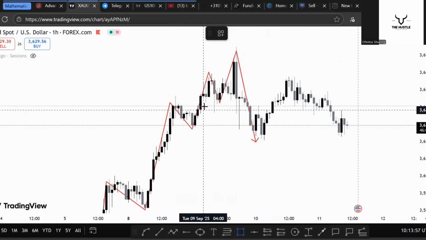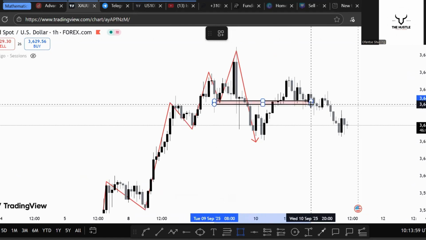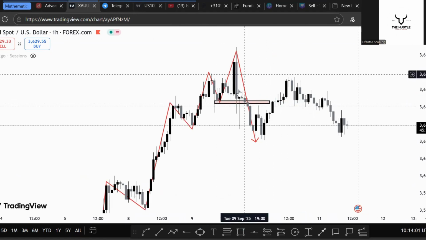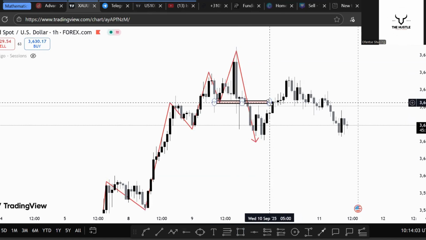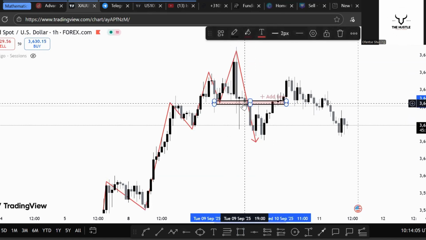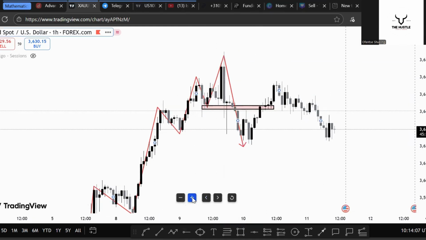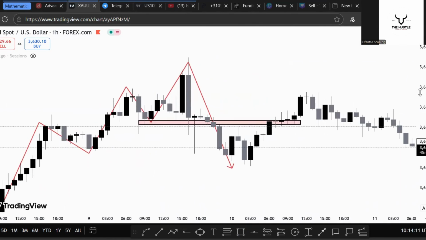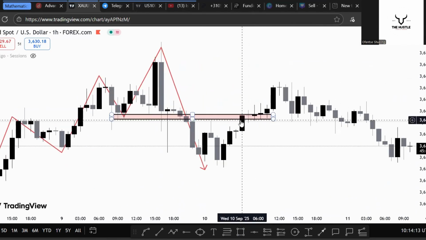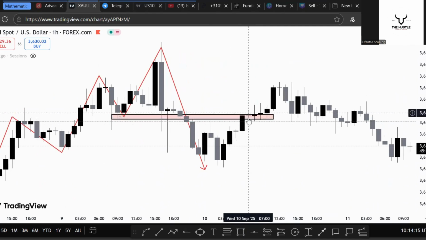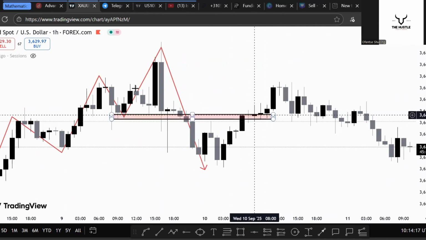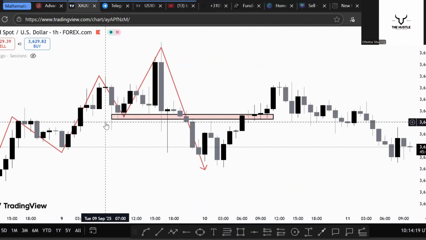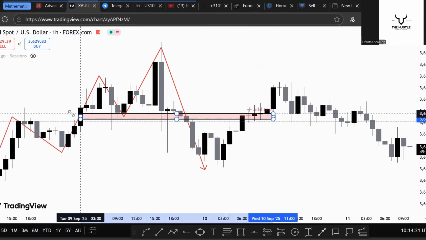Now what you want to do is highlight this. Say, okay, this was a break of structure. Now the market is showing that below this level, it has potential to sell. It has much potential to sell below this level. And above this level, there's potential to buy, right?